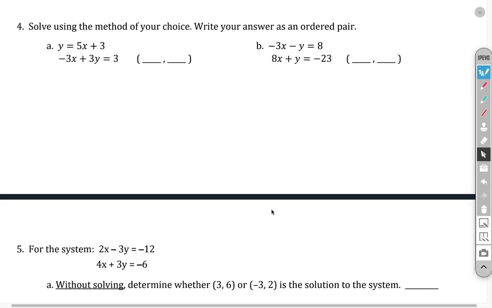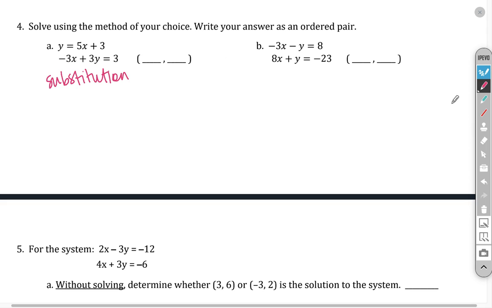All right, number 4 says to solve using the method of your choice and to write your answer as an ordered pair. All right, well, I'm going to look at the system that they gave us and determine what I think the best method would be. So here I've got one set equal to y and one set in standard form, so I'm going to use substitution.